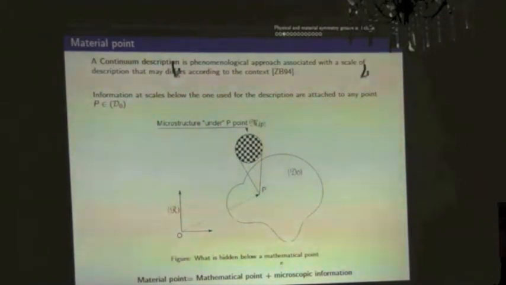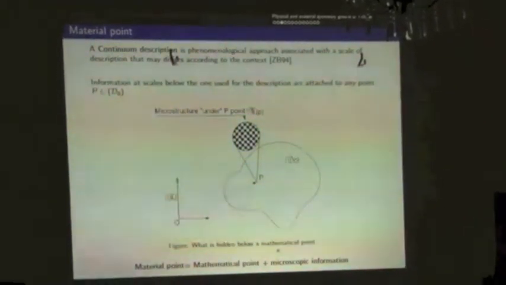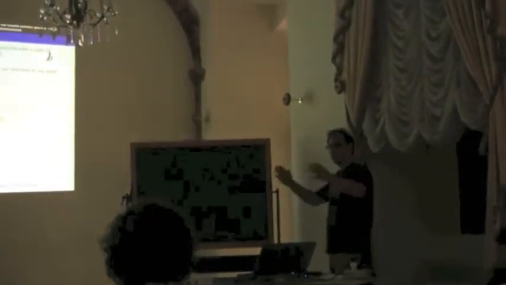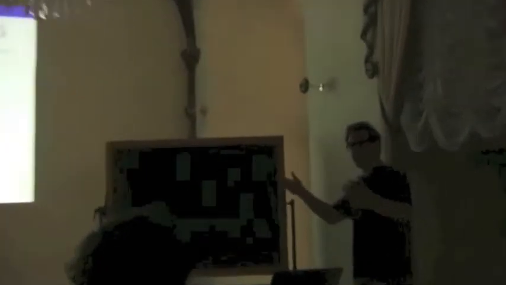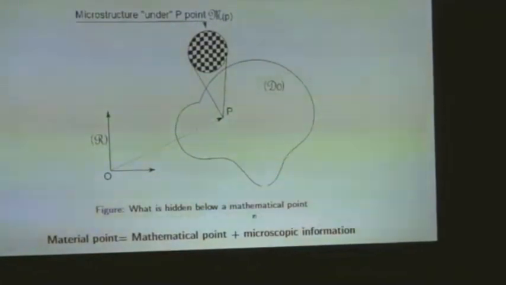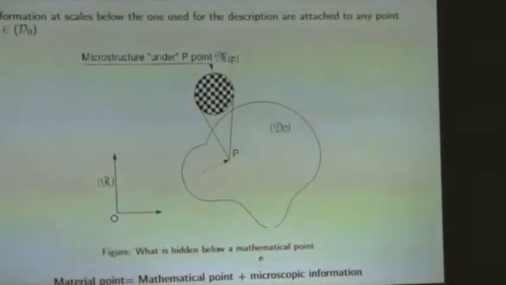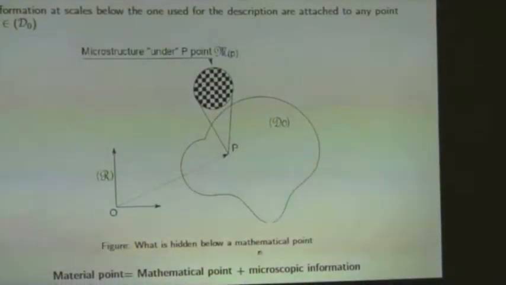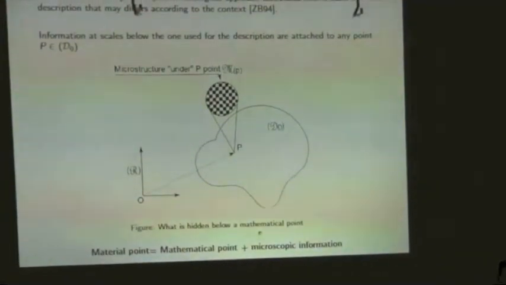That is what can be summed up as the notion of a material point. You will have your manifold, choose a point, okay, it's just a math point. But in your modeling, in this point, you will have information on what is contained below. That is what I try to indicate in my figure. For me, a material point is a mathematical one plus some microscopic information.